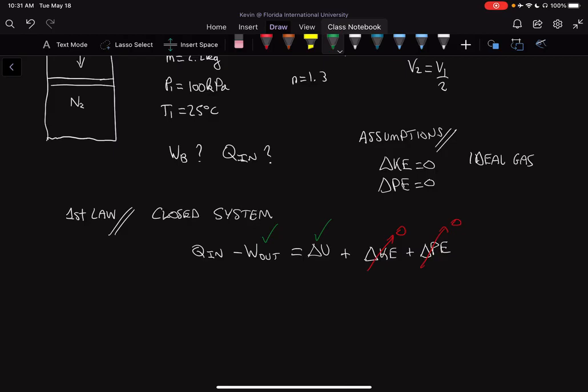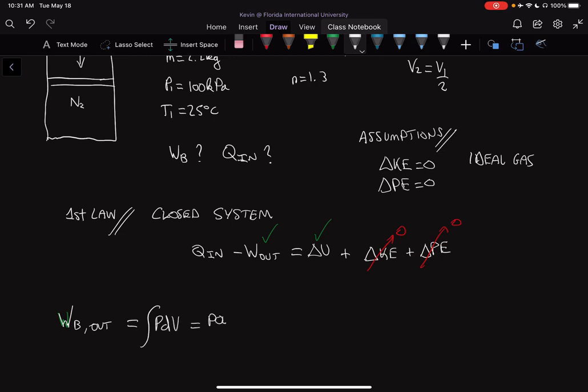So how are we going to do this? Let's try and find work out. We know that the work boundary out for a polytropic process is equal to the integral of P dV.